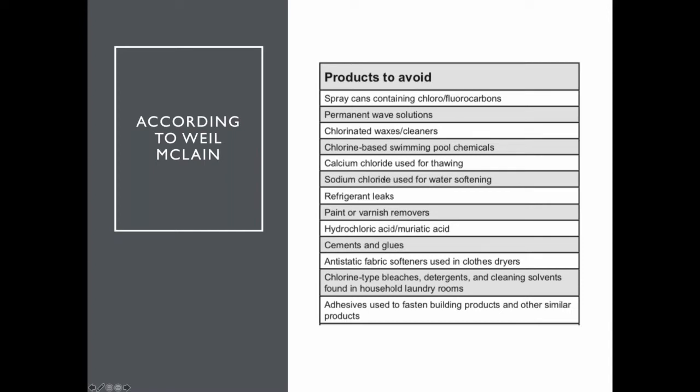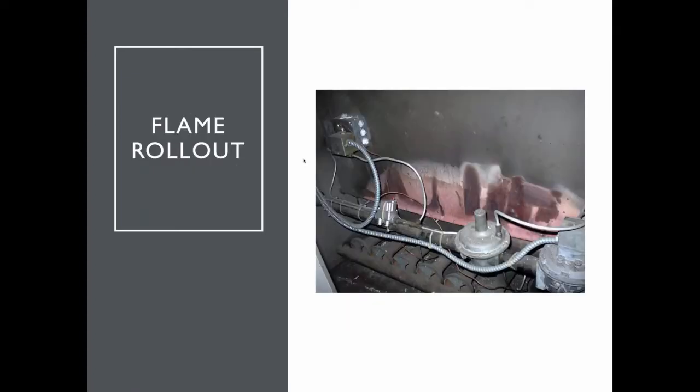Every steam system and a lot of the hydronics use water softeners. Calcium chloride for thawing. So look around and see if there's things that do not react well with your flame.